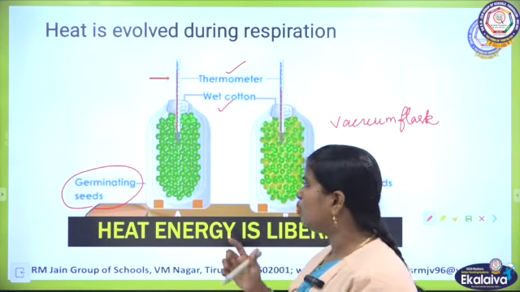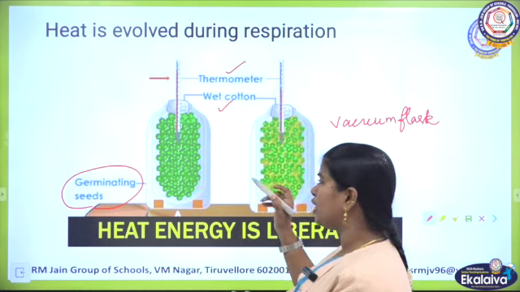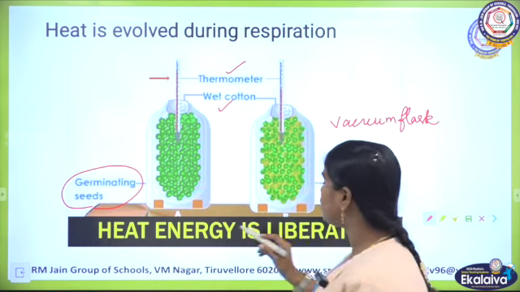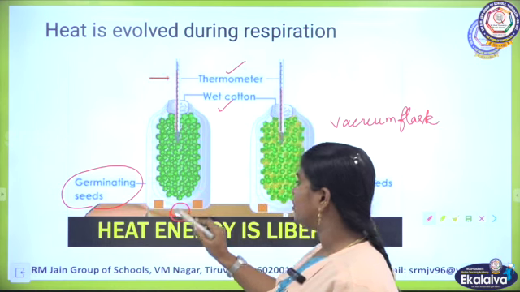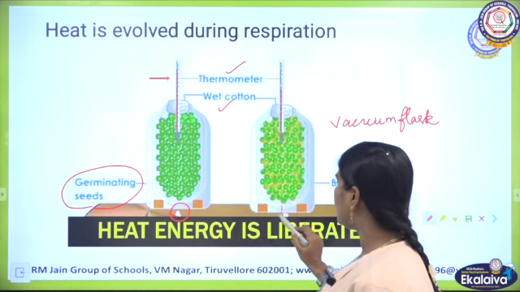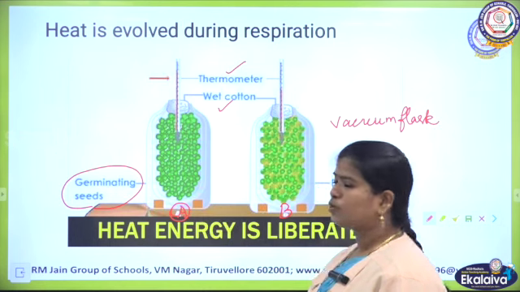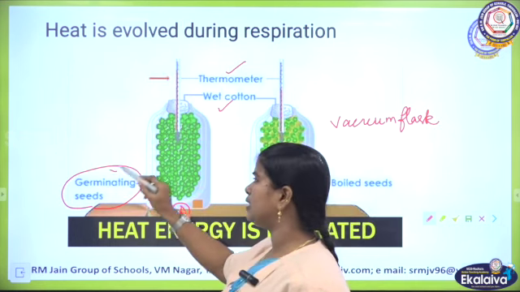Now what we have to do is take two different vacuum glass flasks. Let us name them A and B. In flask A, we are supposed to keep the germinating seeds.